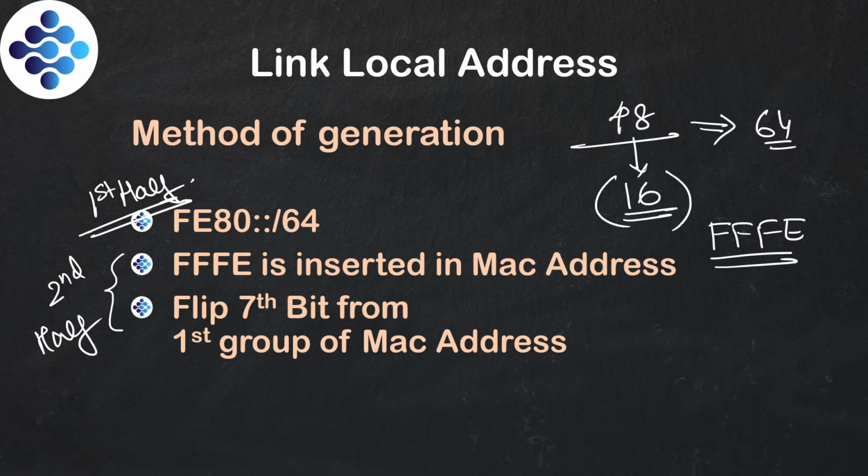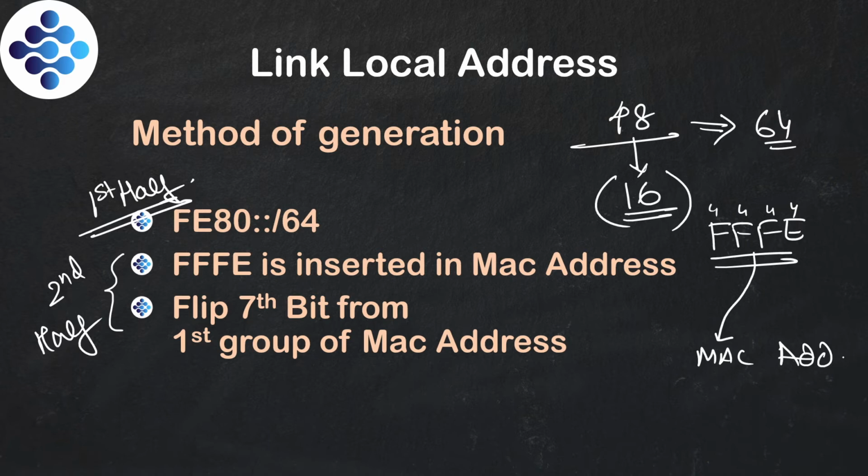This is FFFE because 4 bits, 4 bits, 4 bits, 4 bits, total 16 bits. And this FFFE is to be inserted in the MAC address. And then we have to flip the 7th bit from the first group of the MAC address.